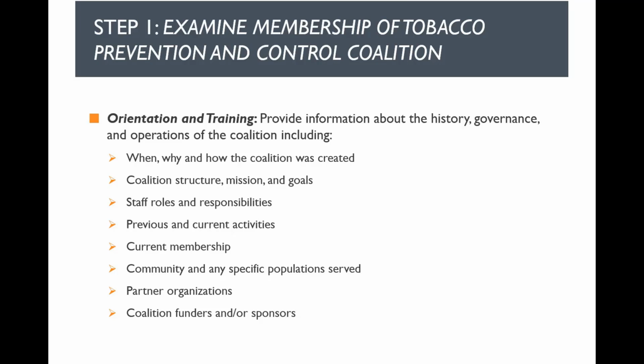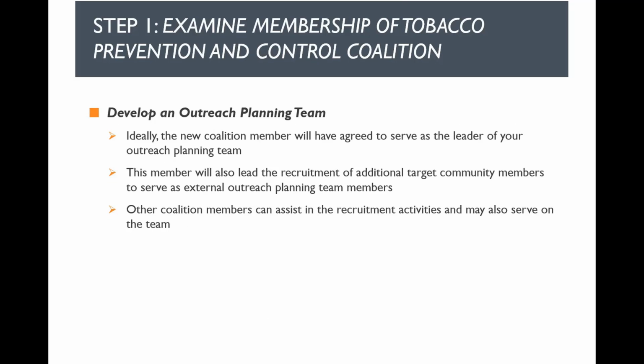This might include when, why, and how the coalition was created, the coalition's structure, mission, and goals, staff roles and responsibilities, previous and current activities or initiatives, current membership, the community and any specific populations served, partner organizations, and any coalition funders or sponsors.